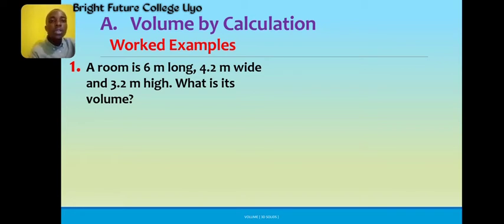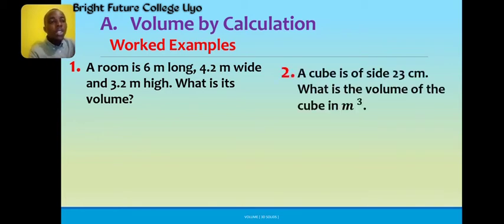So there you go, and you sure know that this is a cuboid because it has length, breadth, and height. Okay, the second question is, a cube is of side 23 centimeters. What is the volume of the cube in meter cube? Okay, let's go with the first.